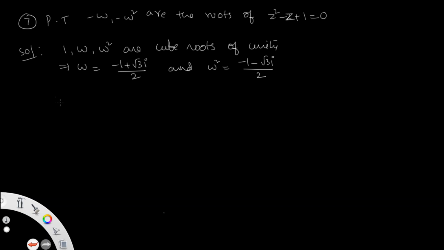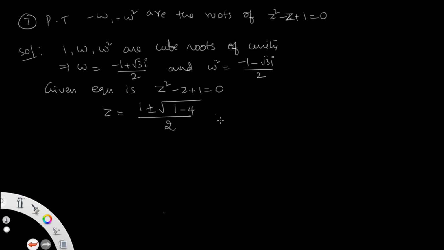Given equation is z square minus z plus 1 equal to 0. So by finding the roots, minus b plus or minus root over b square minus 4ac by 2a. So 1 plus or minus root over 1 minus 4 by 2. That is nothing but 1 plus or minus root 3i by 2.